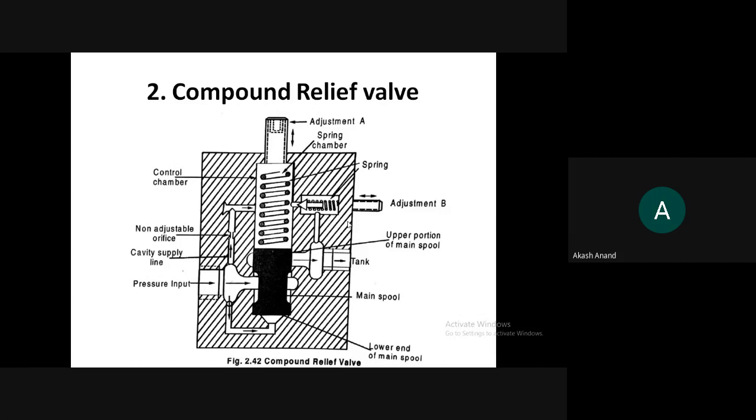Hence the pressure above the main spool becomes less than at the lower portion of the main spool, and balance is no longer maintained.